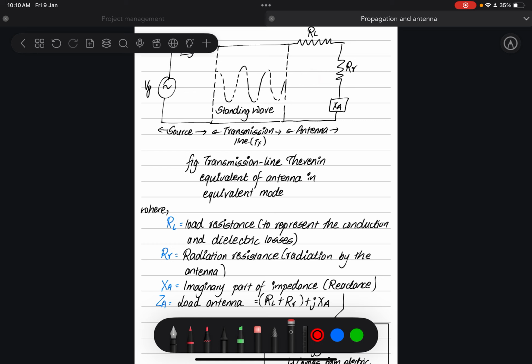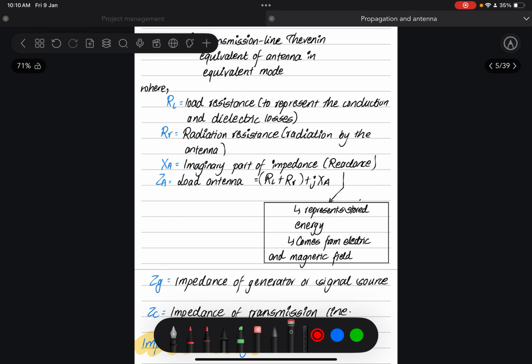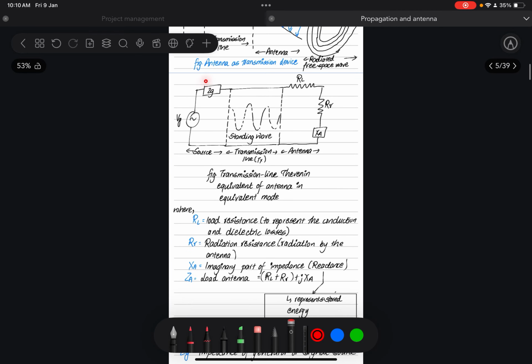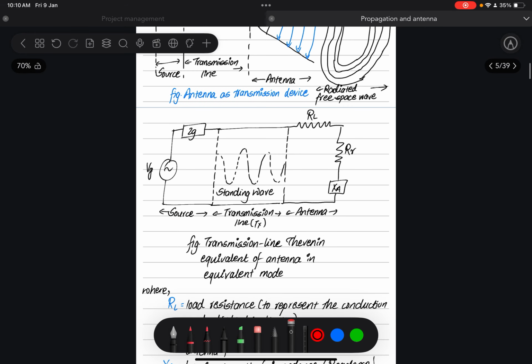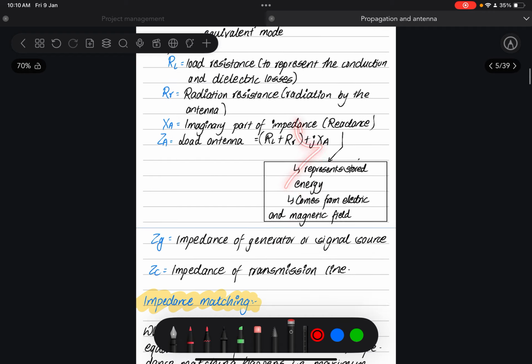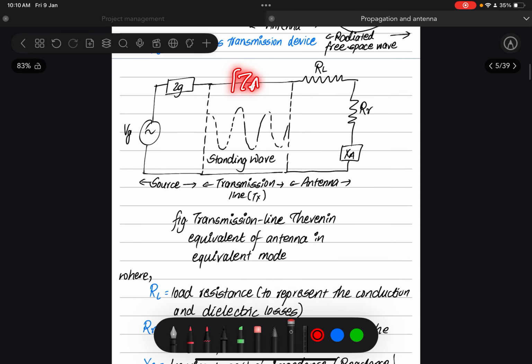When we mention it as an equivalent, it becomes RR plus RL, where RL is the load resistance, plus jXA, which is the imaginary part that stores energy. Regarding ZG, we mention the impedance of the generator, because this part is the generator, and ZC means the impedance of the transmission line, which you can mention here also, but it's not as equivalent as that. So okay, this will be easy.